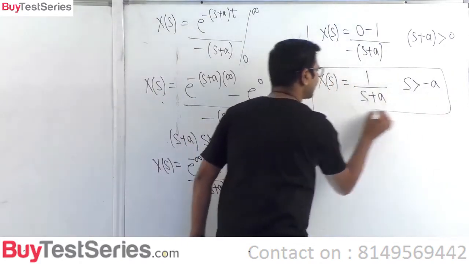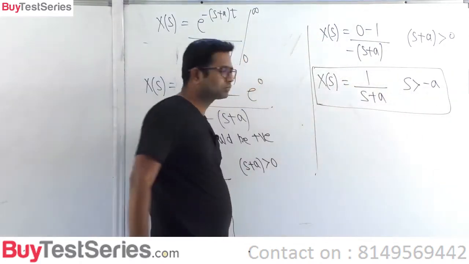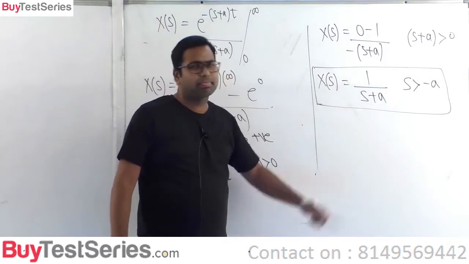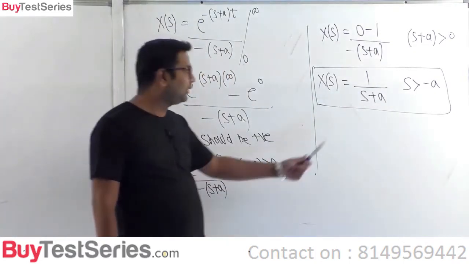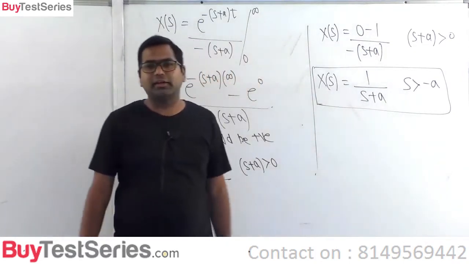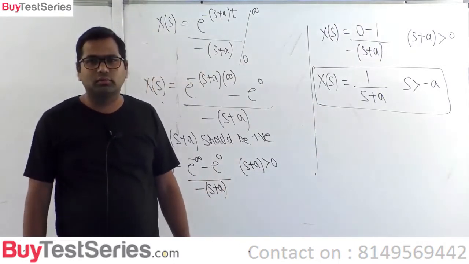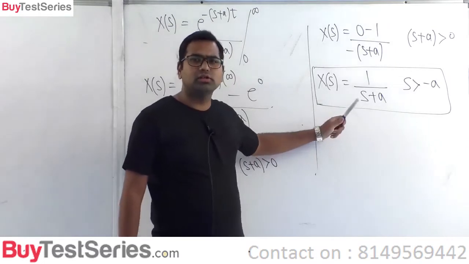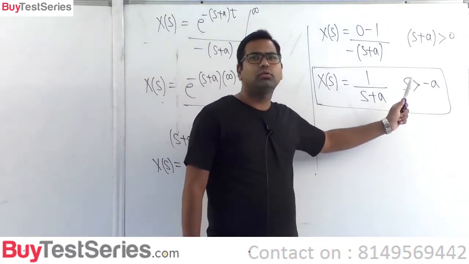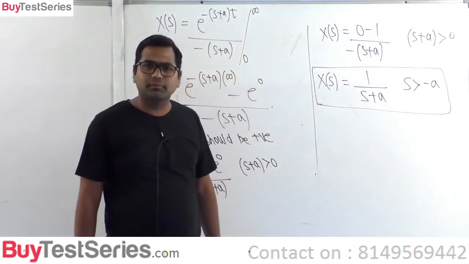This is the Laplace transform of the given question. 1 upon s plus a is the Laplace transform, and the condition s greater than minus a is called the region of convergence or ROC. This Laplace transform is valid only for the values of s which are greater than minus a.